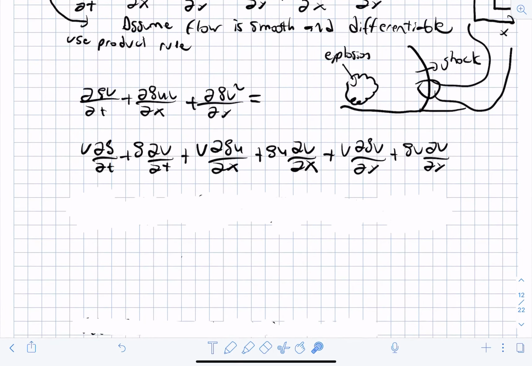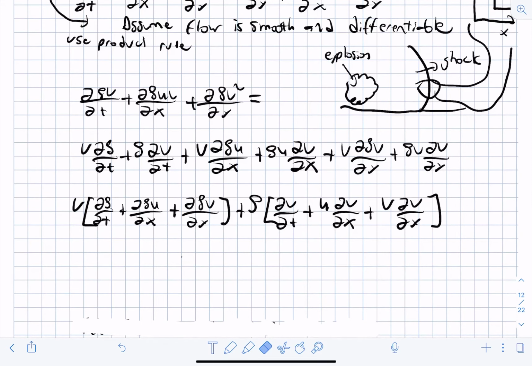Then I'm going to start grouping terms. A lot of these terms have a v multiplying them, and a lot of these terms have a rho multiplying them. So I'm going to gather them up. Okay, and so I have v times partial rho partial t plus partial rho u partial x plus partial rho v partial y, plus rho times partial v partial t plus u partial v partial x plus v partial v partial y.